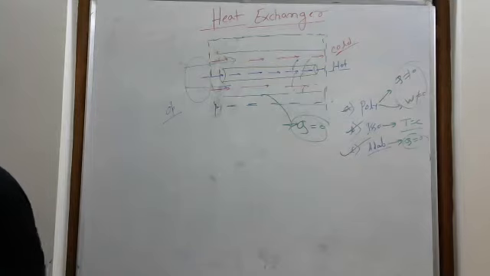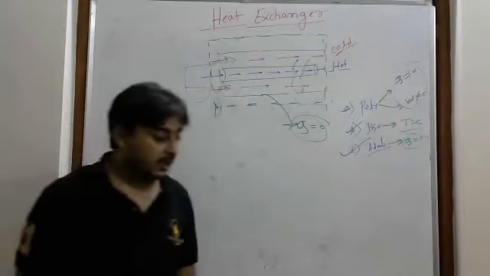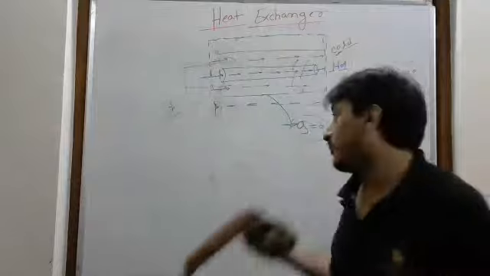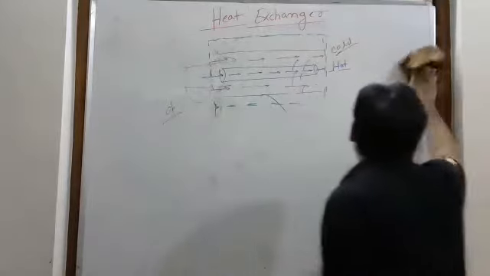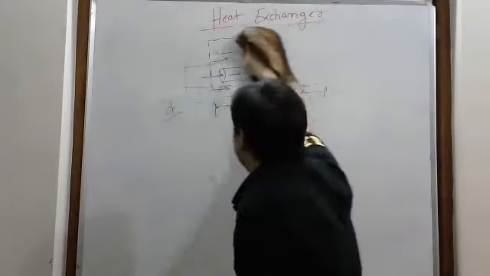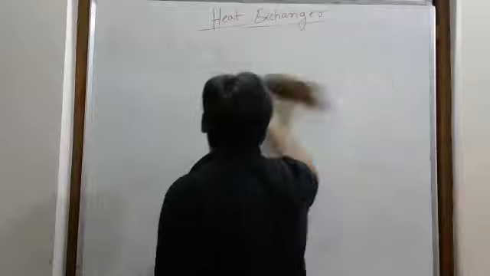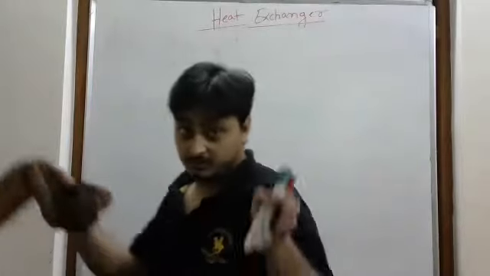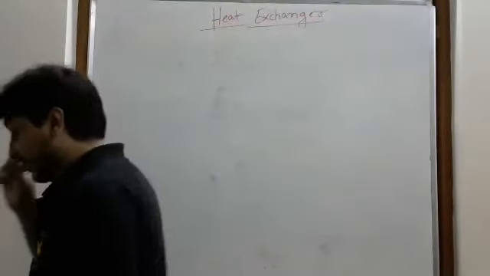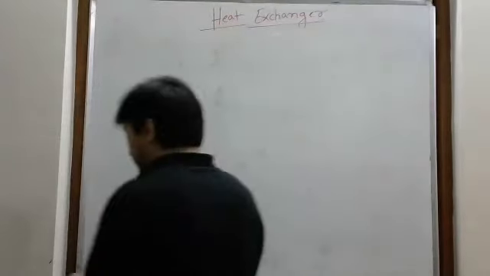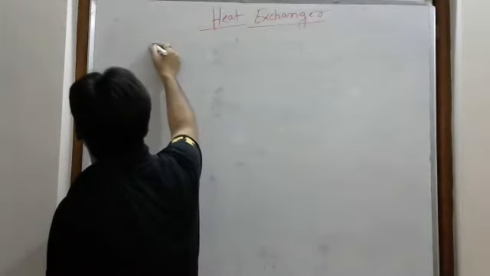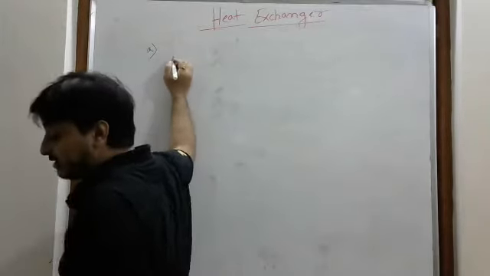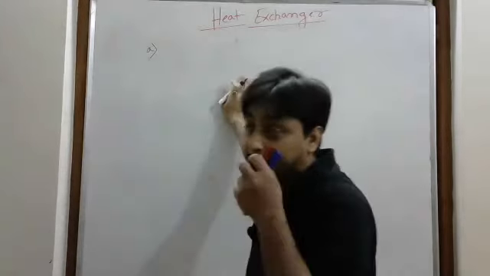See, that much classification is not important, but for the basics I am giving a little bit. That is important in the semester examination. You have to memorize the diagram. You have to make a diagram for that. So you can write the classification of heat exchangers.